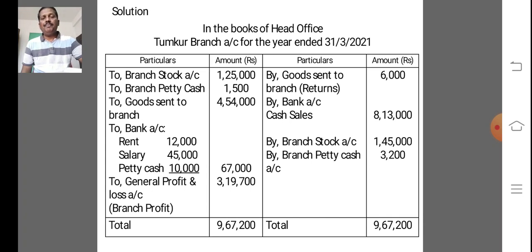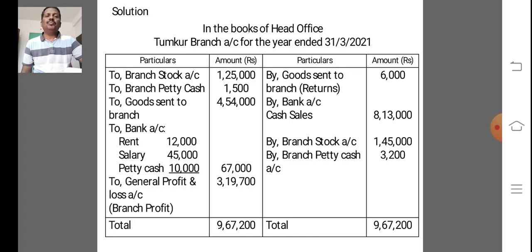So based on the information, in the books of head office, Tumakuru branch account for the year ended 31/3/2021. First we debit the opening assets: to branch stock account 1,25,000, to branch petty cash 1,500.